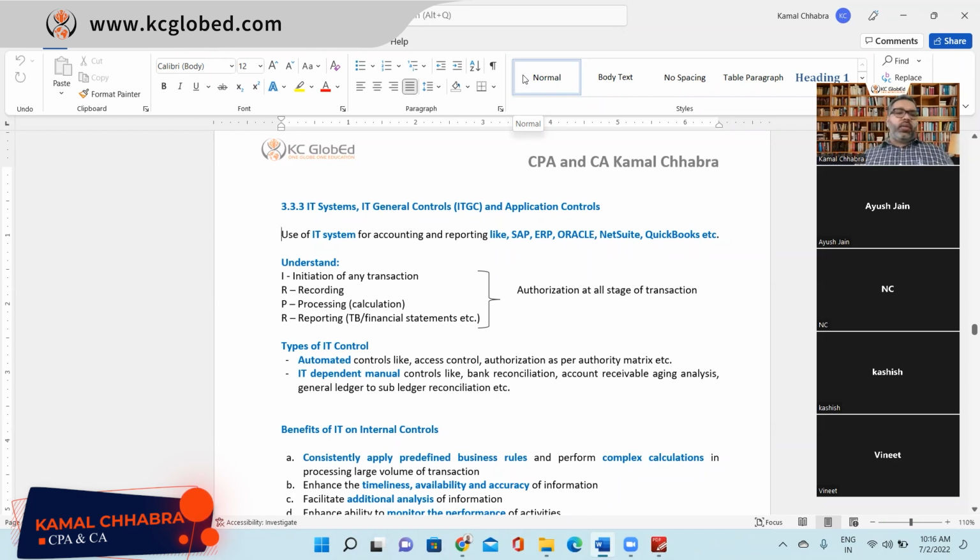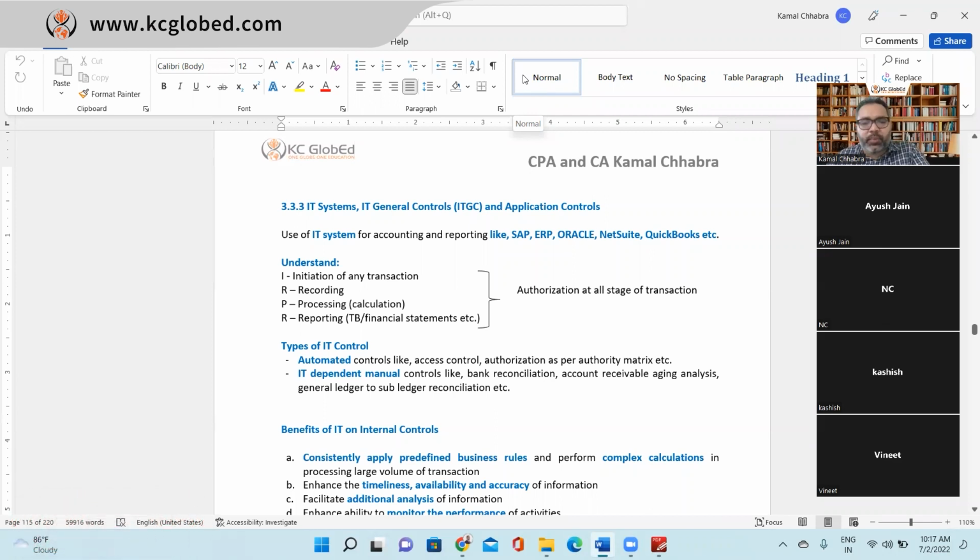Right, very good question. So now let's jump into the IT system, IT general controls and IT application control. First of all, let's understand what an IT system is. I'm sure many of you might have seen SAP, ERP, Oracle, NetSuite, QuickBooks, or in India you might have seen Tally.